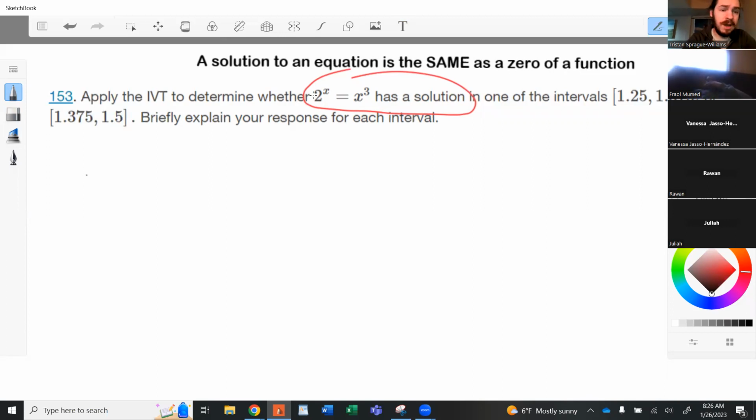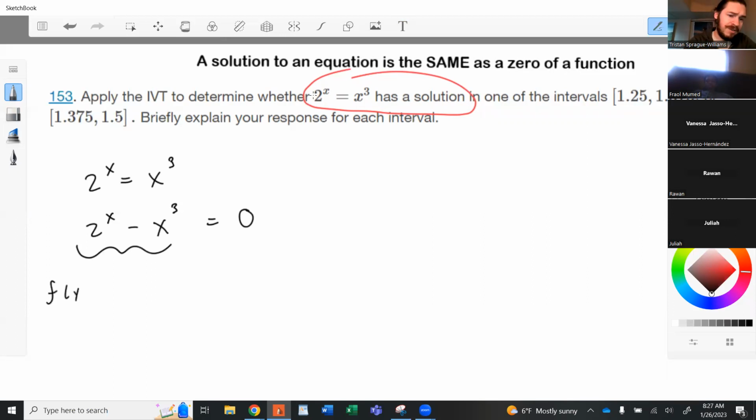The reason is that if you take an equation, you can always just subtract to move everything over to one side and get 0 on the other side. And so anytime you're asking if there's a solution to an equation, it could always be rephrased as: if I define a function equal to all the stuff that's over here, does this function have a 0?